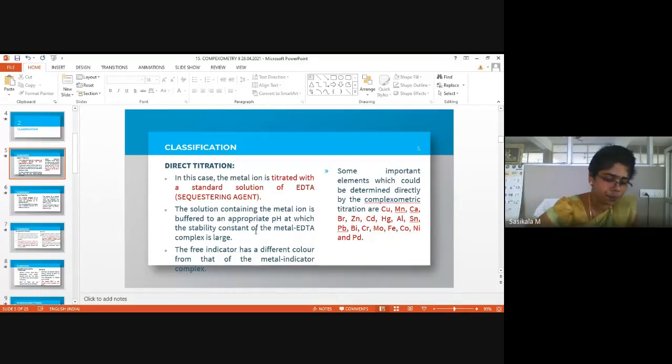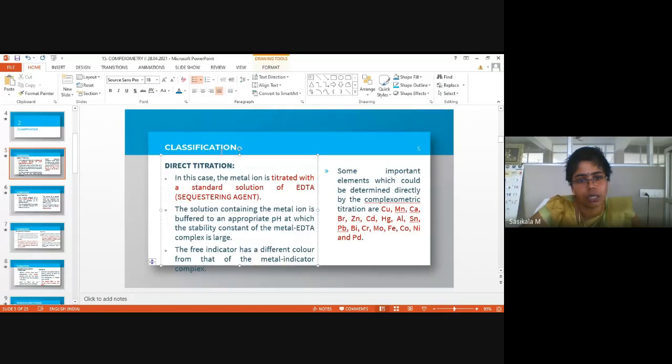What buffer will be used to maintain basic pH? Ammonia and ammonium buffer, the NH3, NH4 buffer solution, is used to maintain basic pH in complexometric titration. Got it?